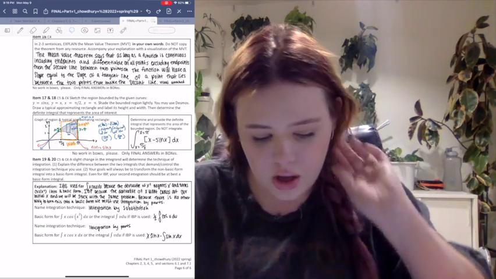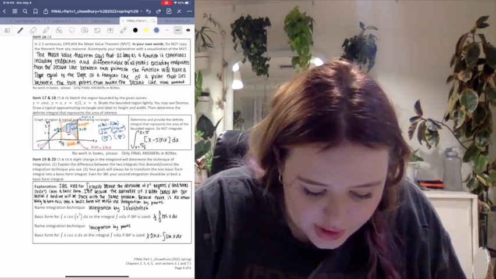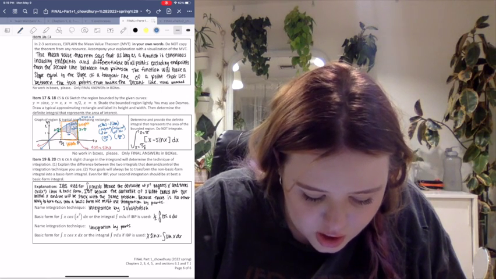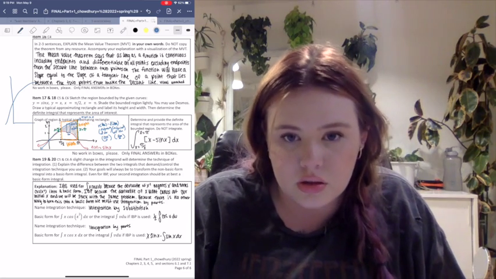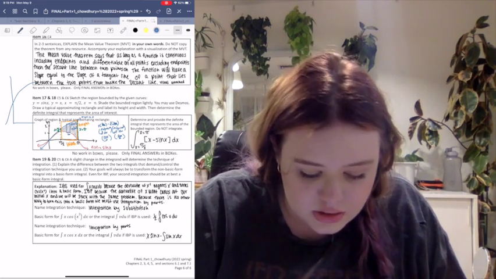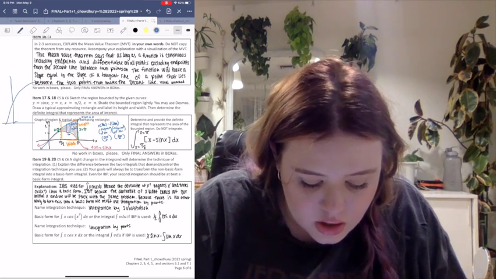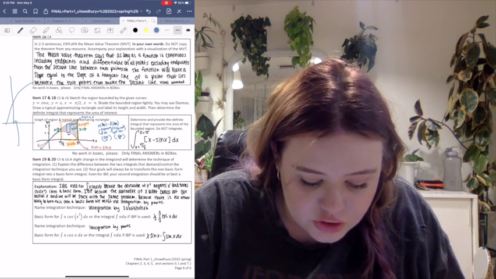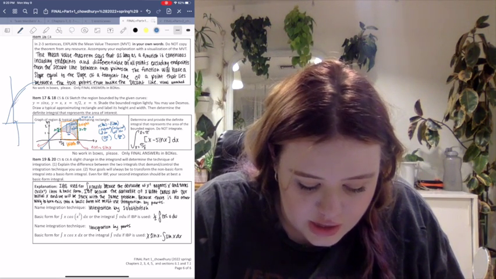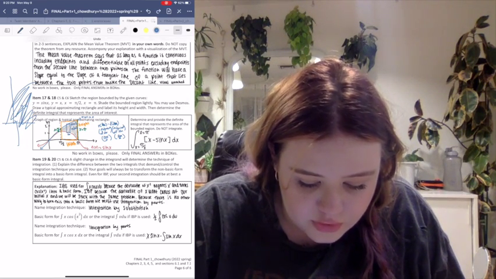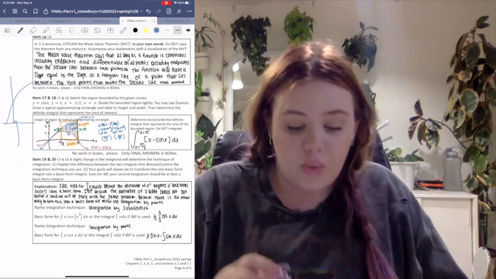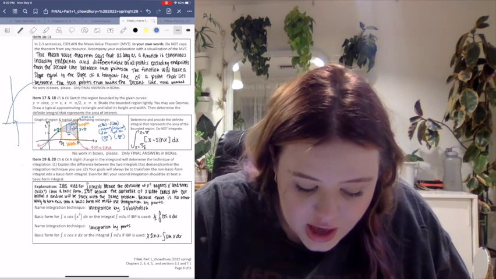Maybe I can draw it out. So if we have, say, this is our top curve right here, and these are our axes. If we just took the integral of that top curve, all of this area down to the x-axis would be filled in. But we want to subtract the area under the second curve.